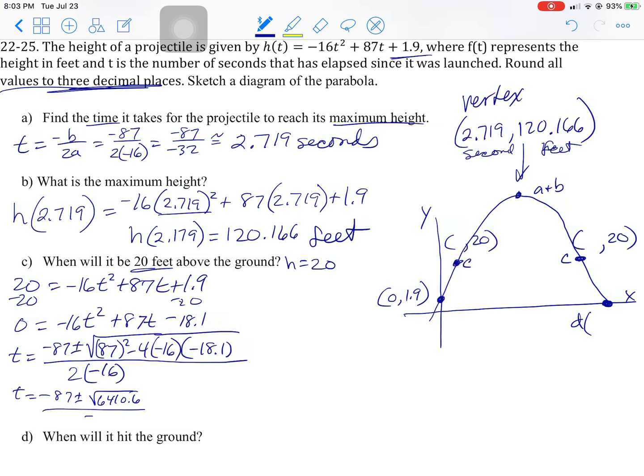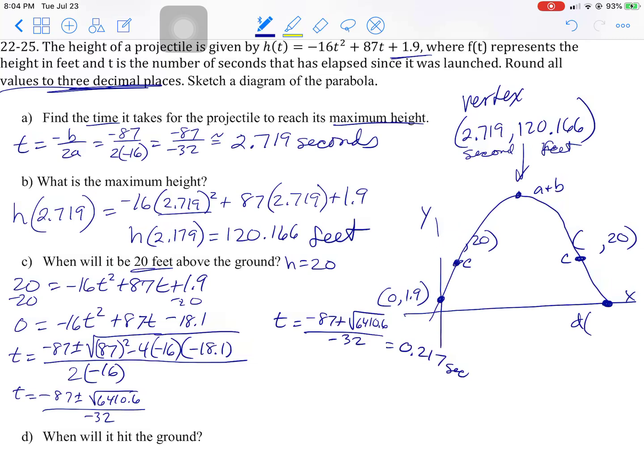which comes out to this number, because I did this before. It'll take too long here. All right, so t equals negative 87 plus square root of 64106 over negative 32. That comes out to 0.217 seconds. That must be this one.